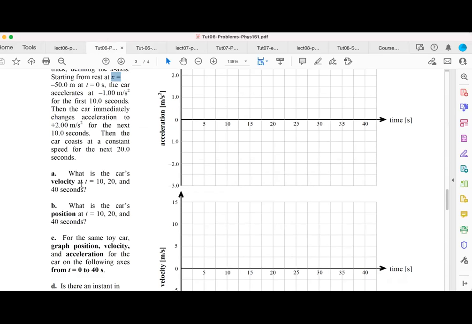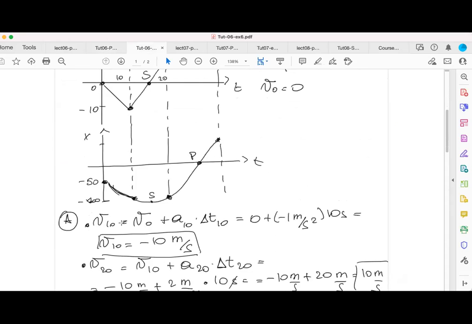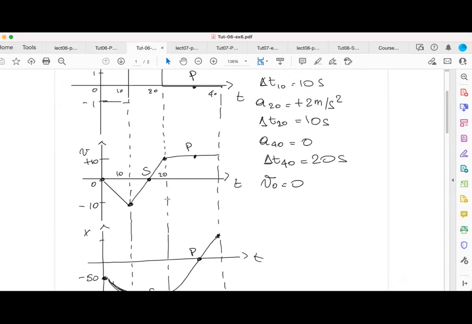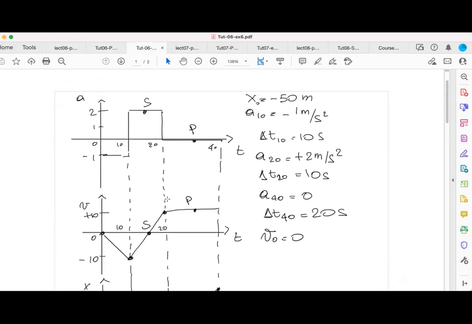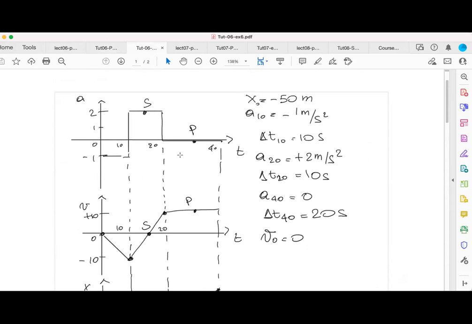What is the car velocity at t equal to 10, 20, and 40 seconds? So in the first part of the problem, it wants to find the velocity at 10, 20, and 40 seconds. Essentially, we have all the accelerations. We have the acceleration in the first 10 seconds, which is minus 1 meter per second square.